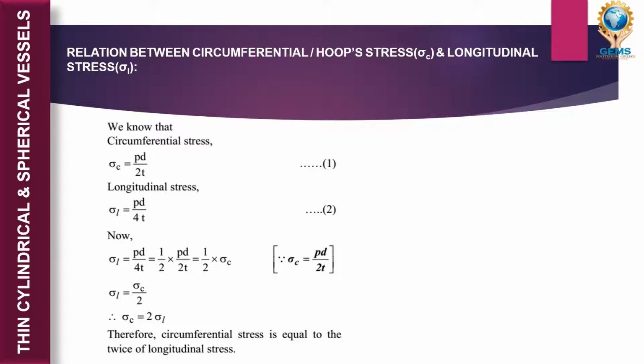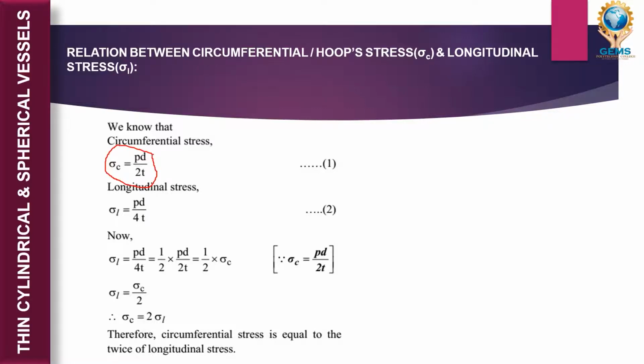As we know, circumferential stress is denoted by sigma c equal to PD by 2T, where P is the internal pressure of the fluid, D is the internal diameter, and T is the thickness of the wall of the cylinder. Already we know this thing.